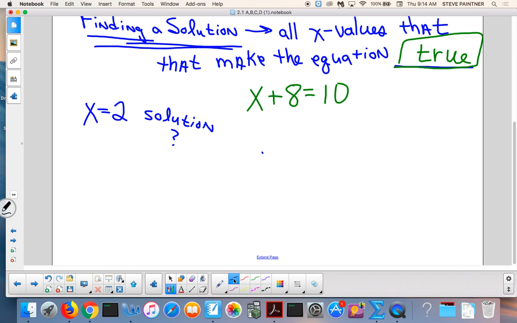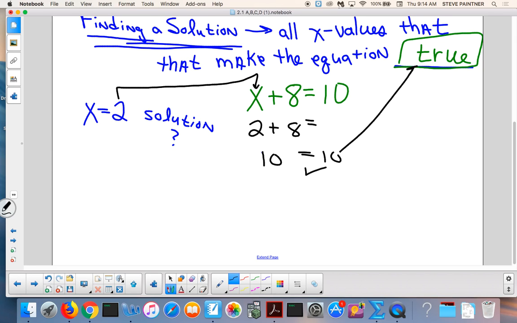So this is your job today. Take this 2, drop it in for x, add 8, and get what? 10. Bring the 10 down. Does 10 equal 10? Is this true? Yes. So I could say over here, yes, x equals 2 is a solution. So what about this?